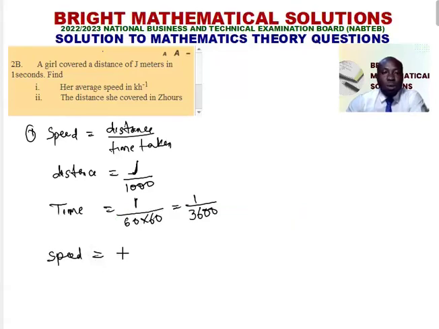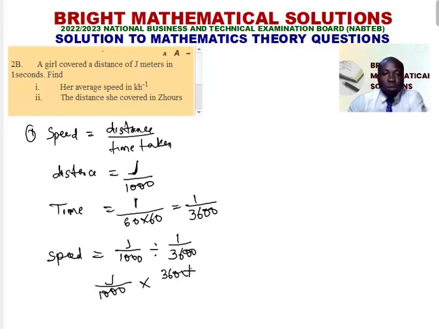So speed will now equal J over 1,000 divided by 1 all over 3,600. So J all over 1,000 multiplied by 3,600.